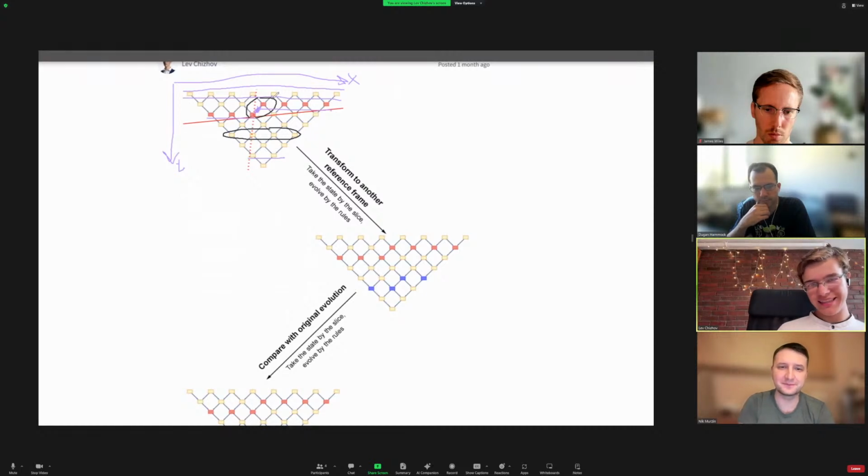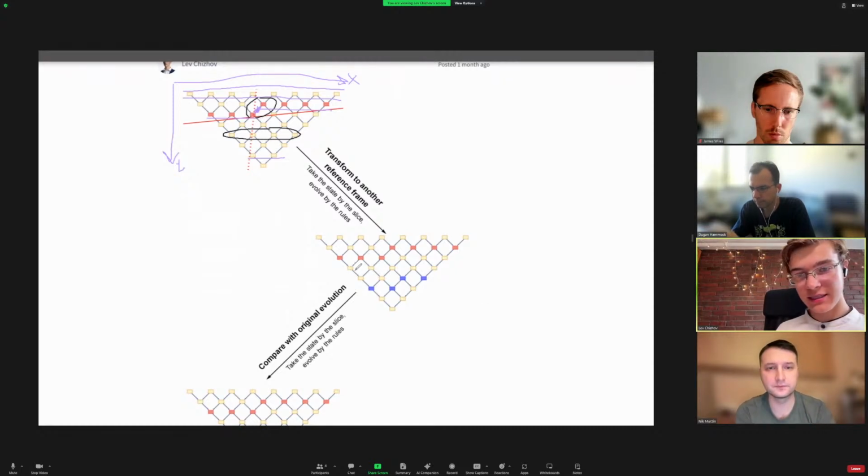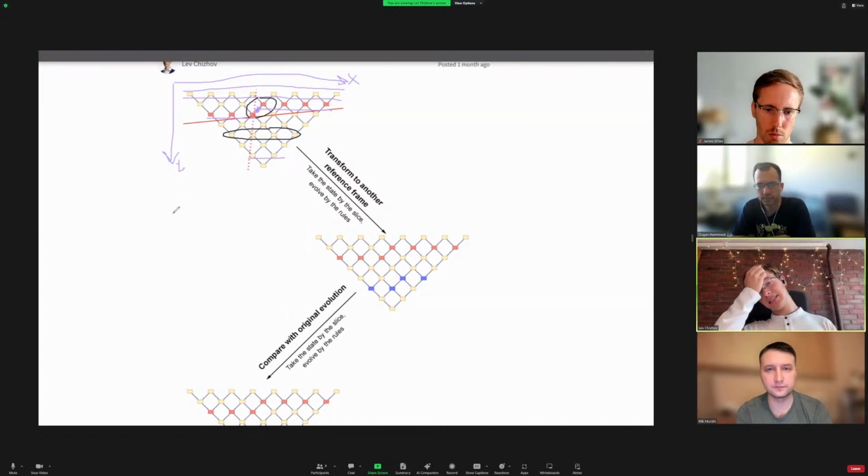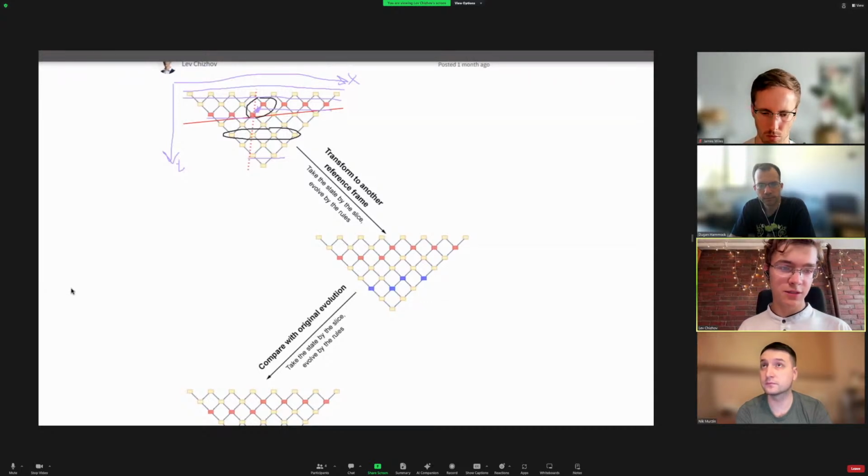Then we take that initial state, we apply the same rules to it, and it transforms in a different way. What we want to check is that the resulting evolution is the same as the original evolution, so that all the local events are the same, even though the simultaneity can be different.